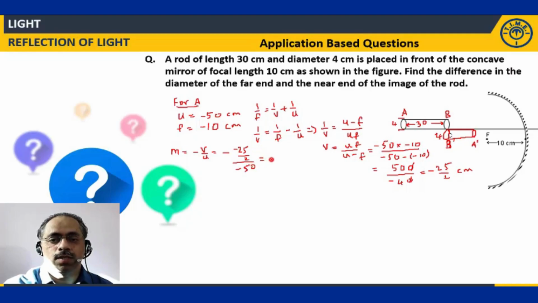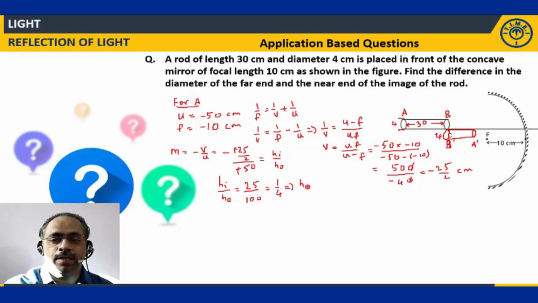Okay. So the same thing I'll get it as height of the image divided by height of the object. Okay. So this minus and minus gets cancelled. Fine. I'll get this as HI divided by HO will be equal to 25 divided by, this 2 will come to the denominator. Okay, it will become 100. So it is nothing but 1 by 4.